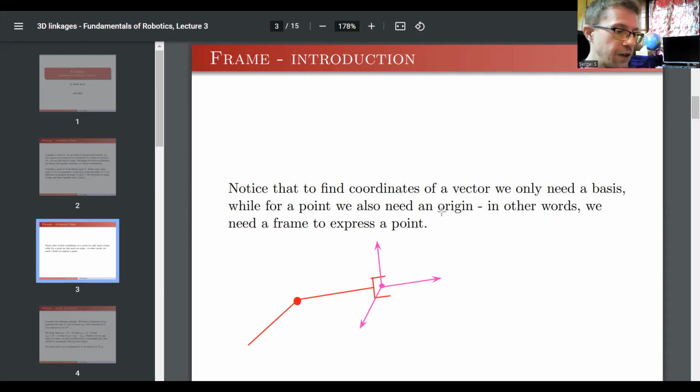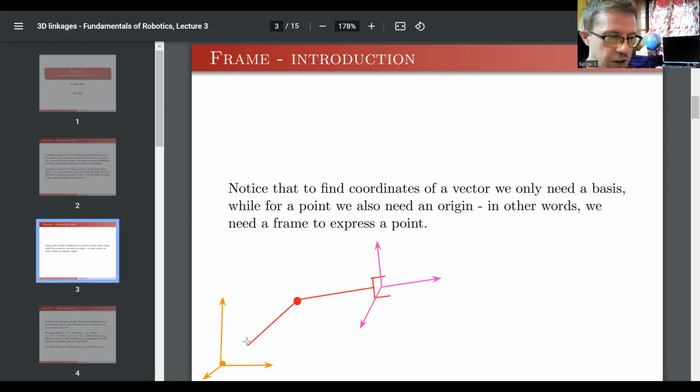That would be a legitimate frame. At the same time, you might have a world frame somewhere else, like here, for example. And you can imagine those 2 frames are attached at different points.